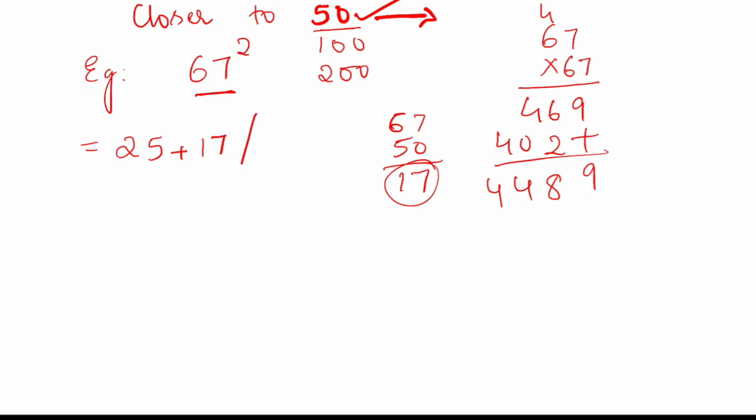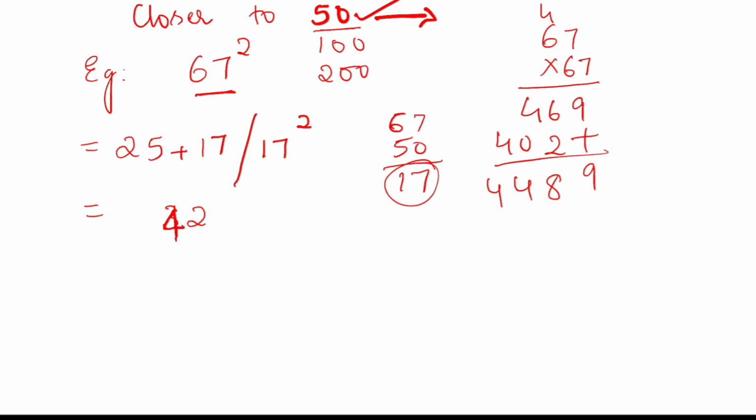Next, put a bar, and here write 17 square. So 25 plus 17 is 42.